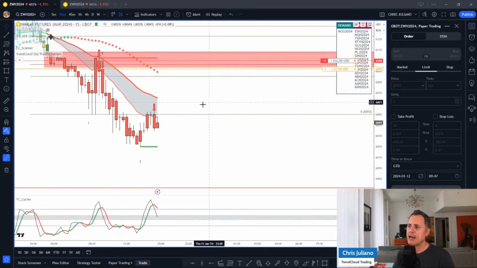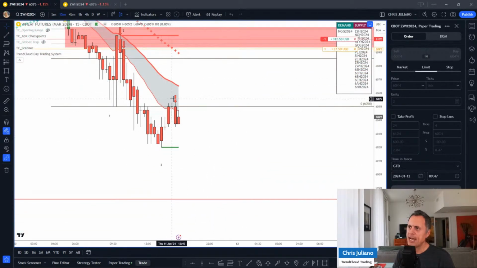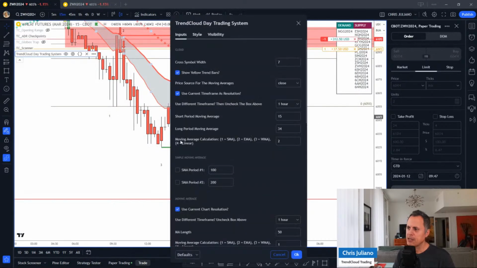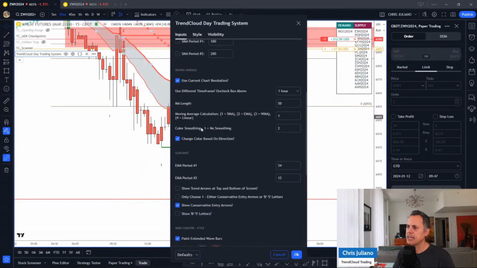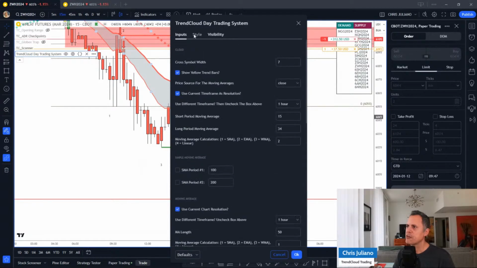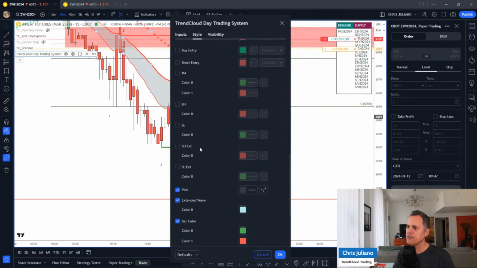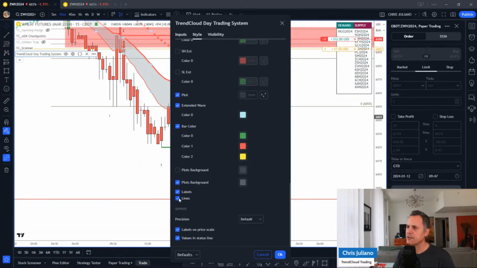Now, do you see how we pulled back and made this top? See this green line on your trend cloud? You can engage that line in your styles here. If you want to keep those lines on, you've got the lines right here. See that? See it flashing on and off?